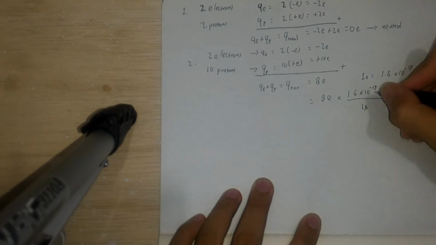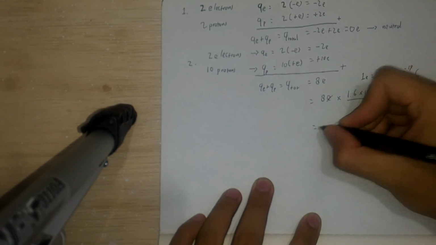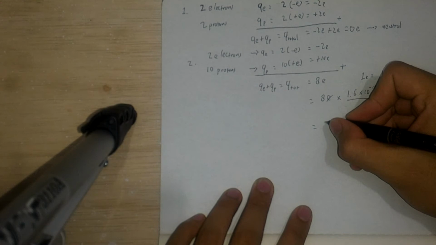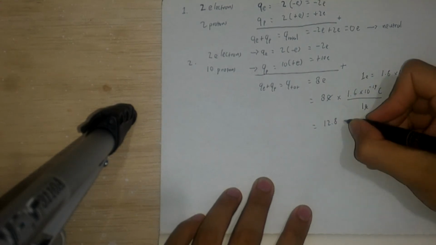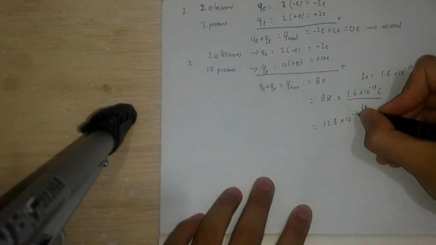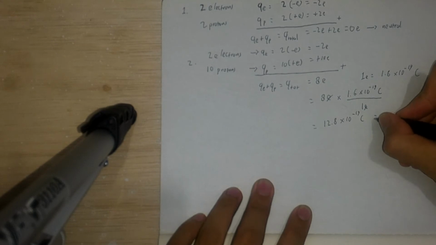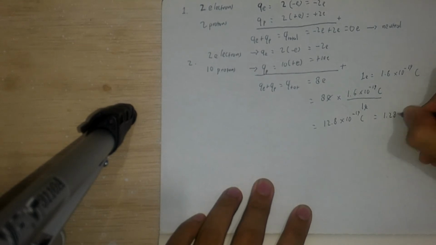In this way, we can cancel the e's, and the answer will be 12.8 times 10 to negative 19 coulomb, or 1.28 times 10 to negative 18 coulombs.